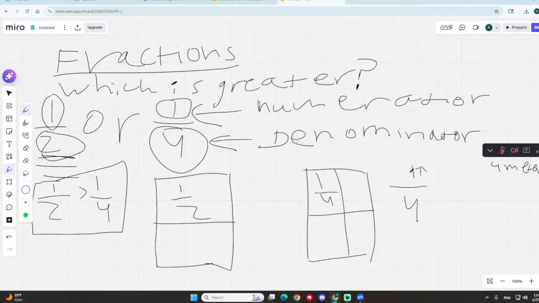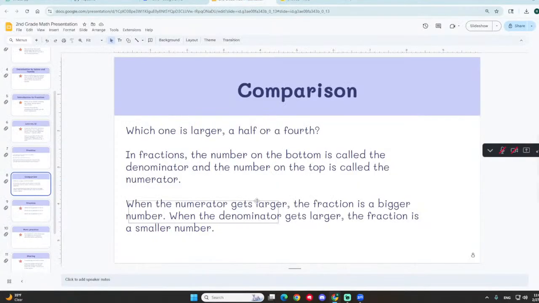That means this fraction will become larger. If we increase the denominator, that means this fraction will become smaller. Okay? So when the numerator gets larger, the fraction is a bigger number. When the denominator gets larger, the fraction is a smaller number.